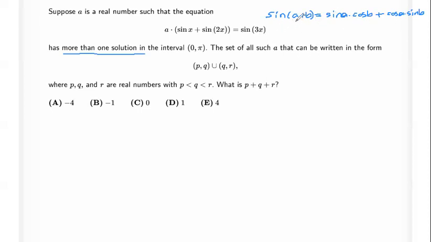So if I replace A and B with x and x, we get sine of x plus x, equals sine x times cosine x plus cosine x and then sine x.